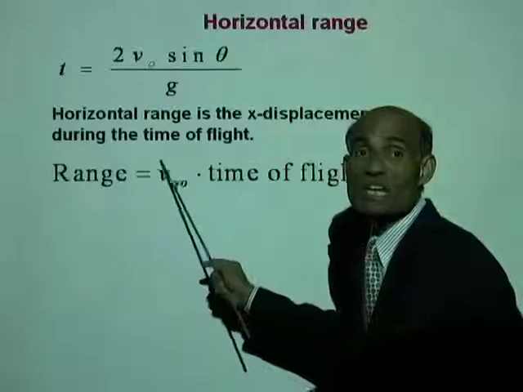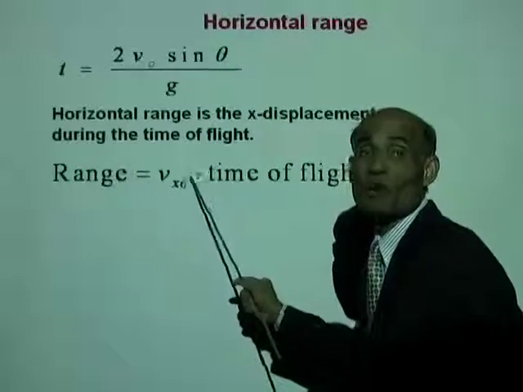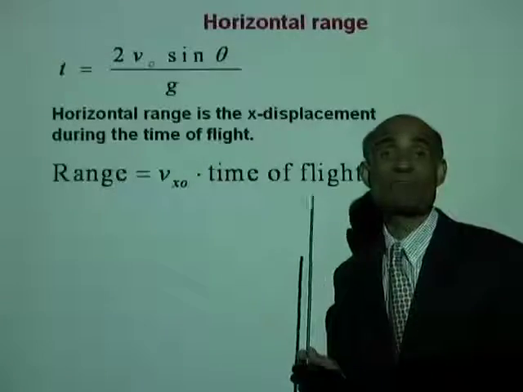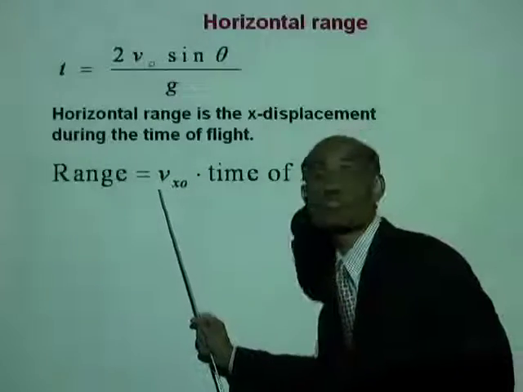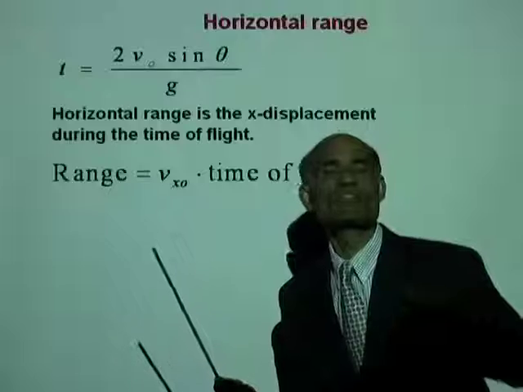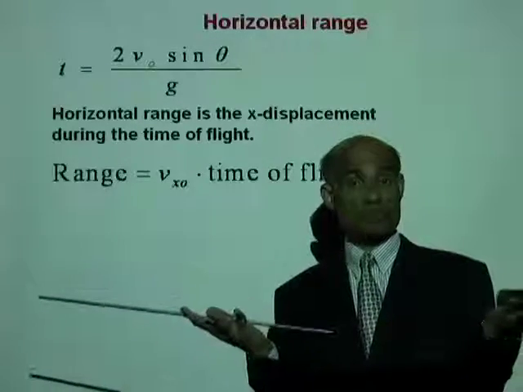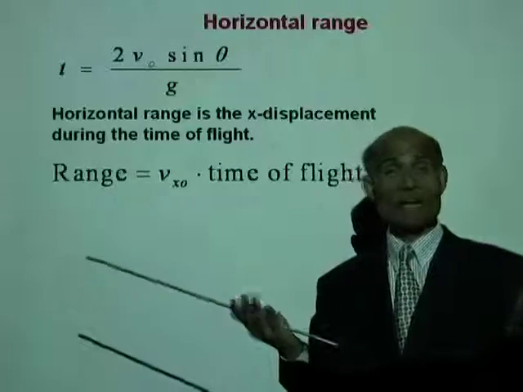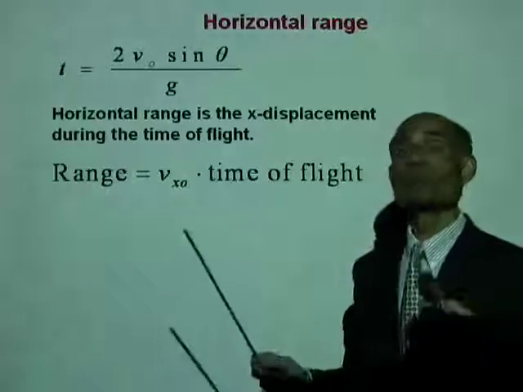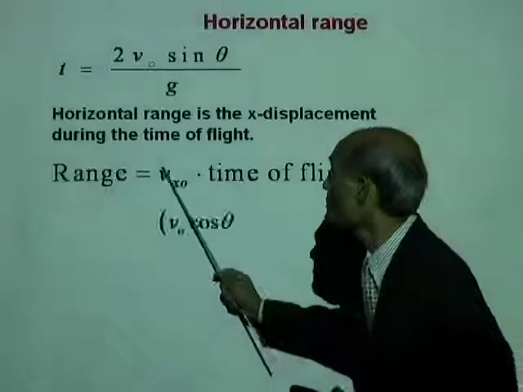Therefore, range is Vx0 multiplied by the time of flight. What is Vx0? Well, Vx0 or Vx, since Vx does not change, it doesn't really matter. And what is that equal to? That will be V0 cos theta.